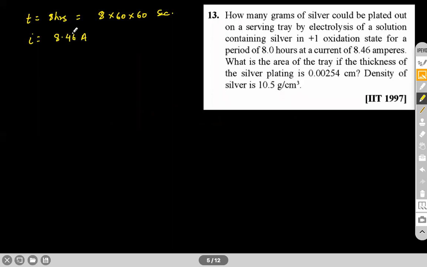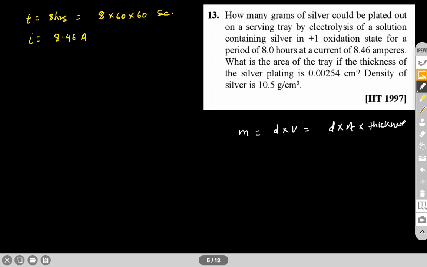So the idea behind this question is, first of all, we'll find out the mass deposited, that is M. So mass is equal to density into volume, and volume further we can write as area into the thickness, that is X, suppose.